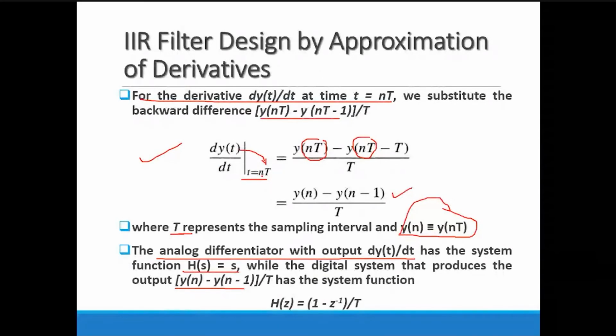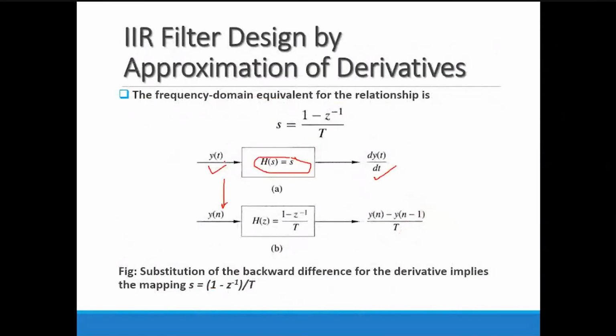When you convert this continuous signal into the discrete domain, you get this output, and the system function H(z) is equal to 1 minus z inverse divided by T.